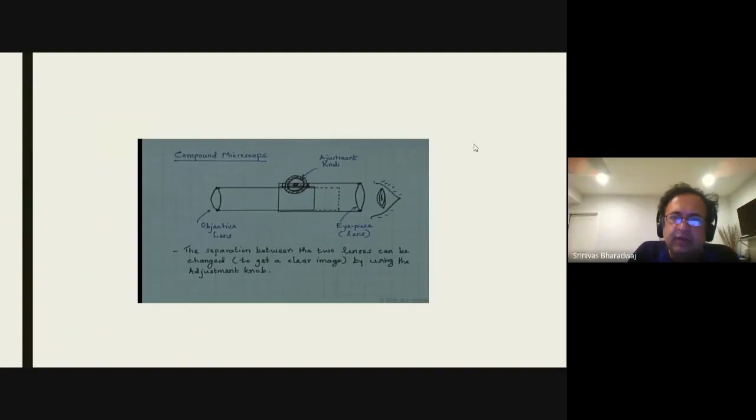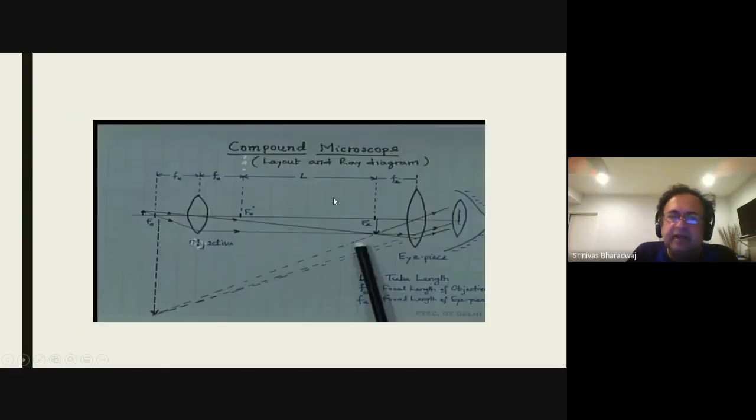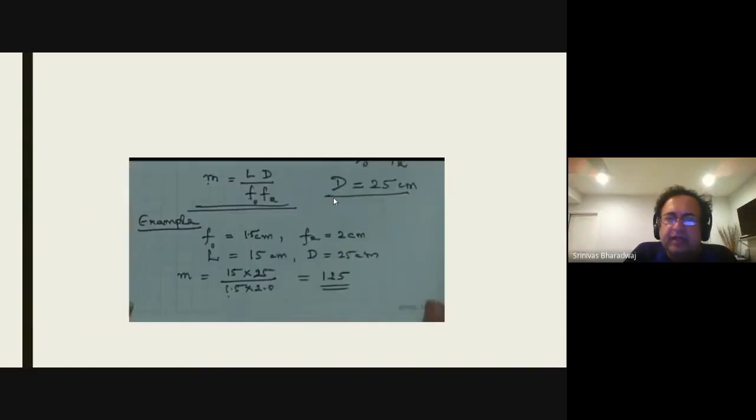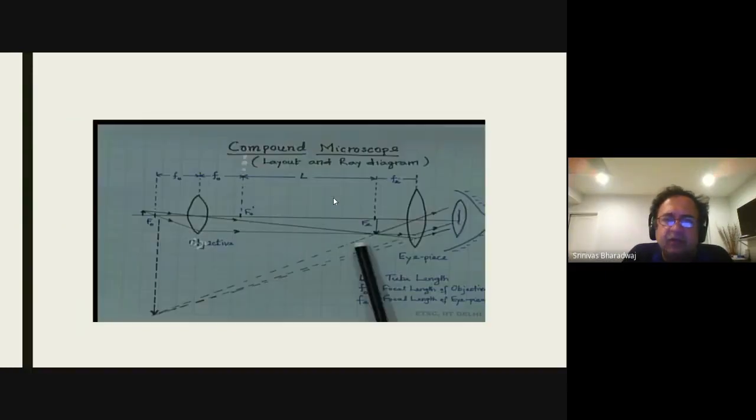If you see this one, you adjust this length between this and this, that distance is said to be L. Okay, and so the magnification is L times D divided by F_O F_E. Okay, and so that magnification is what we are really after.